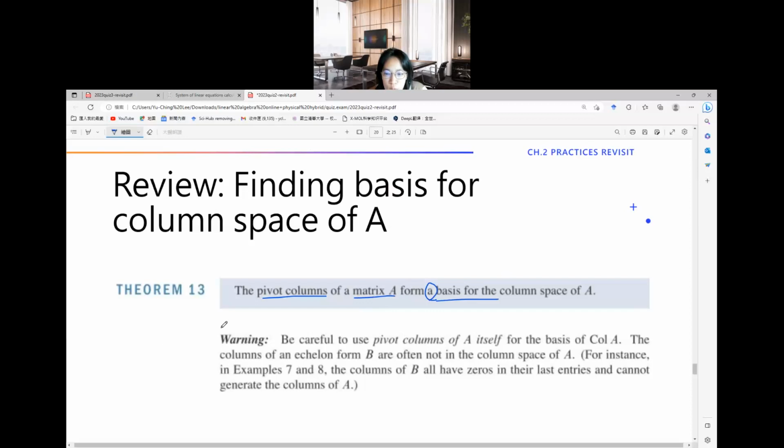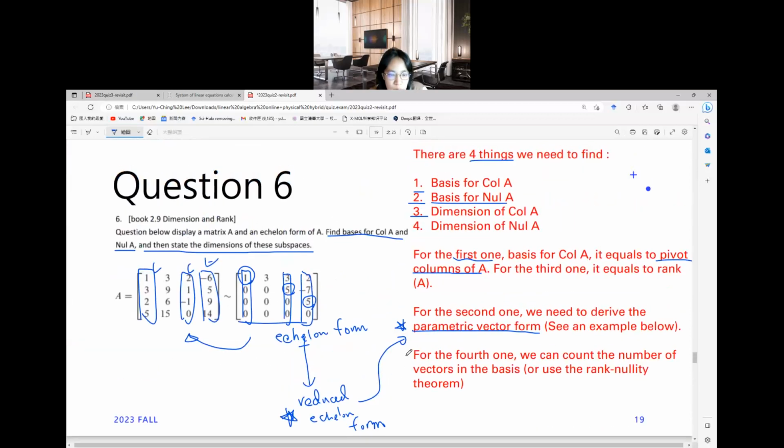And then a warning: we cannot use the columns in the echelon form. After identifying the pivot positions, we need to go back to the original matrix and choose the original column vectors as the basis vectors, just as what we did here.